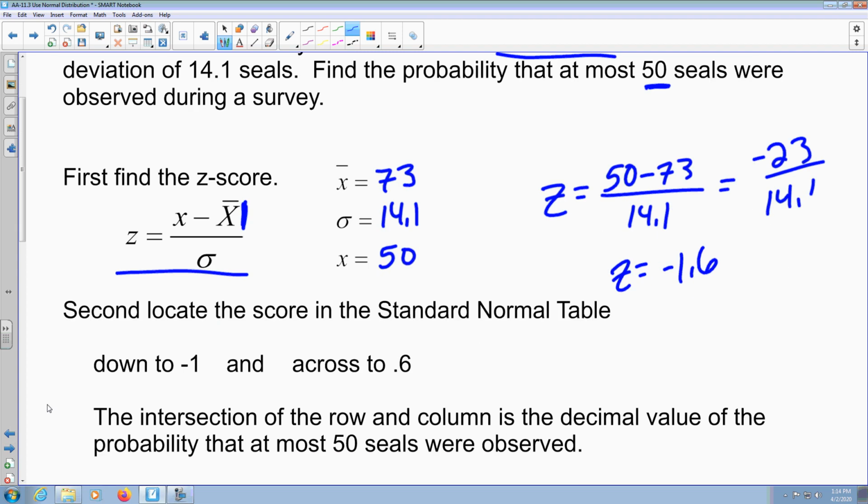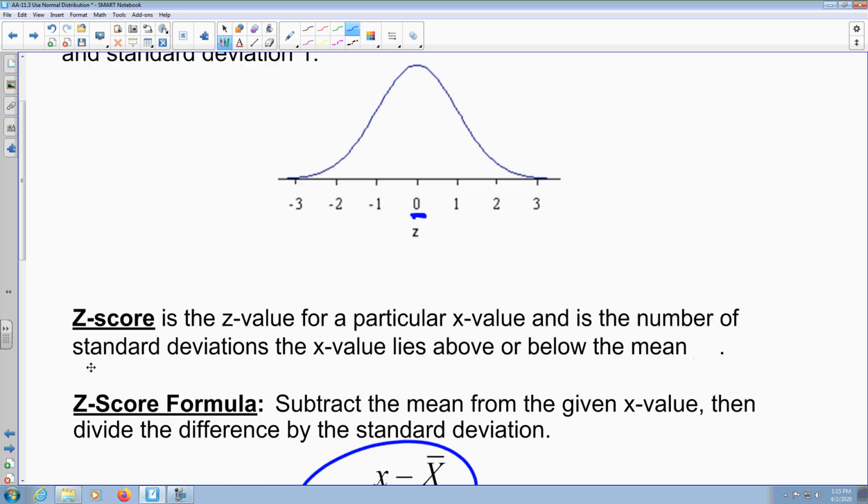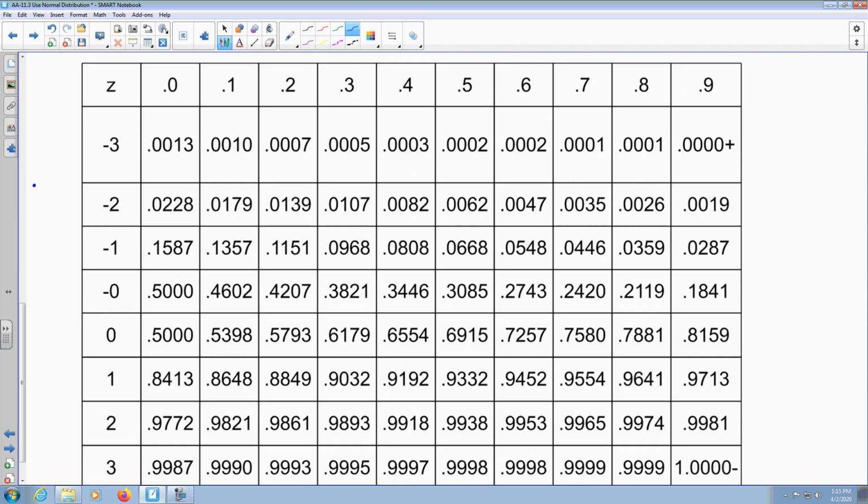Now what we can do is locate where negative 1.6 is on the z-score table. Remember it was negative 1.6. Over here, I'm going to find negative 1, which is right there, and I'm going to find 0.6, which is right here.